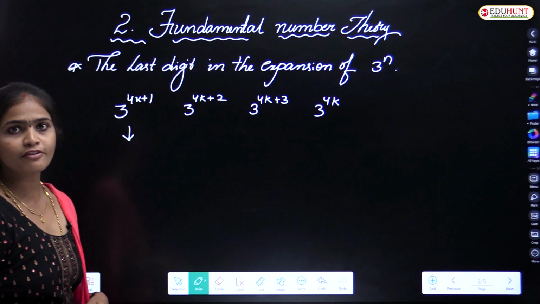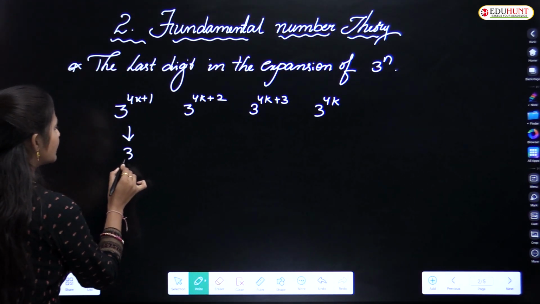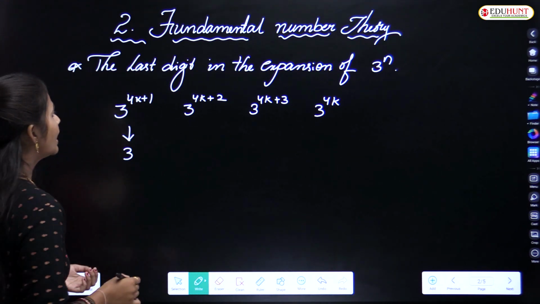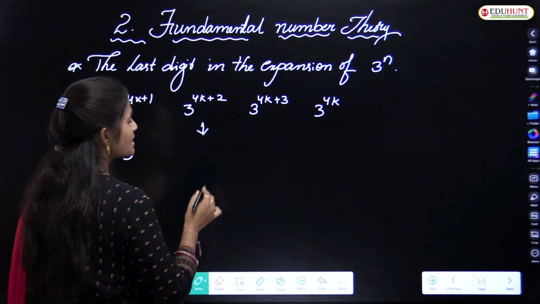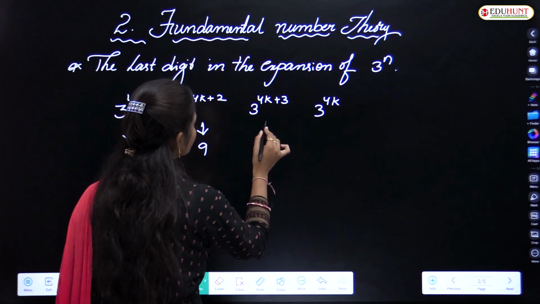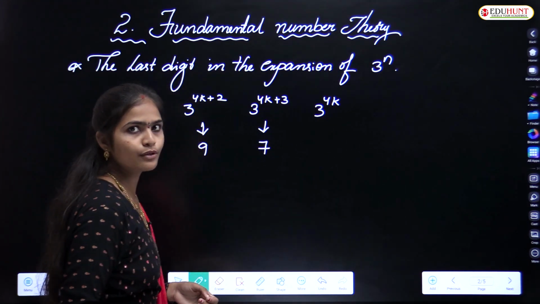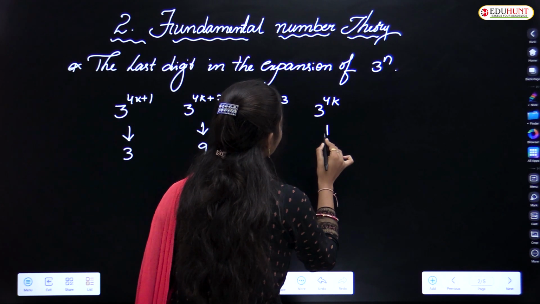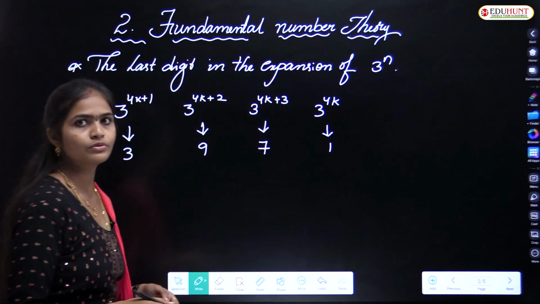If the number is of the form 3 power 4k plus 1, then its units place digit is 3. 3 square means 9. Next, 3 cube means 3 3s are 9, 9 3s are 27, so 7 is the units place digit. And here 7 3s are 21, so 1.